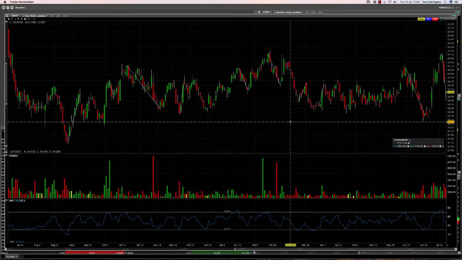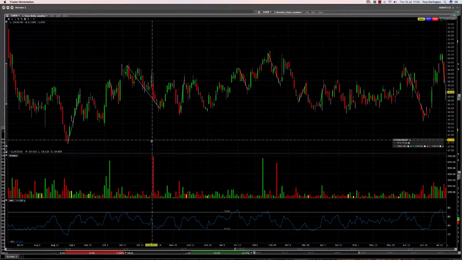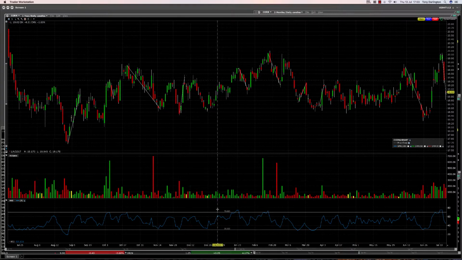If you had 10 or 20 of these stocks where you've investigated them and you know that they work well with RSI, you'd probably find that virtually every week, or possibly even every day if you had enough in your watch list, something would be happening with an RSI pop up or pop down.